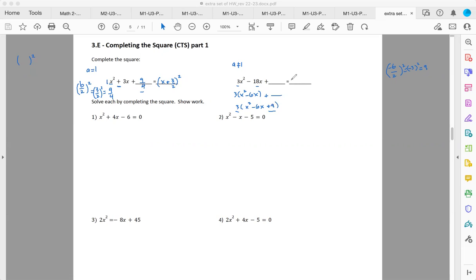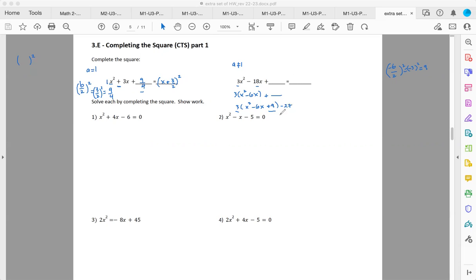How do I compensate for this? To cancel that out, to make it look like I have not added anything, I'm going to need to take away 27.